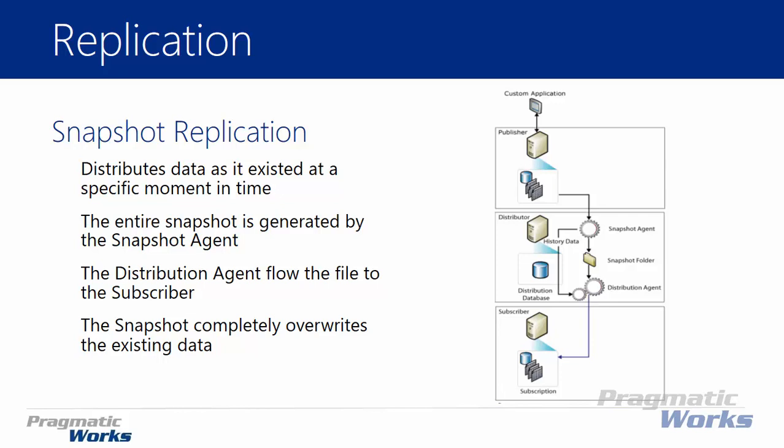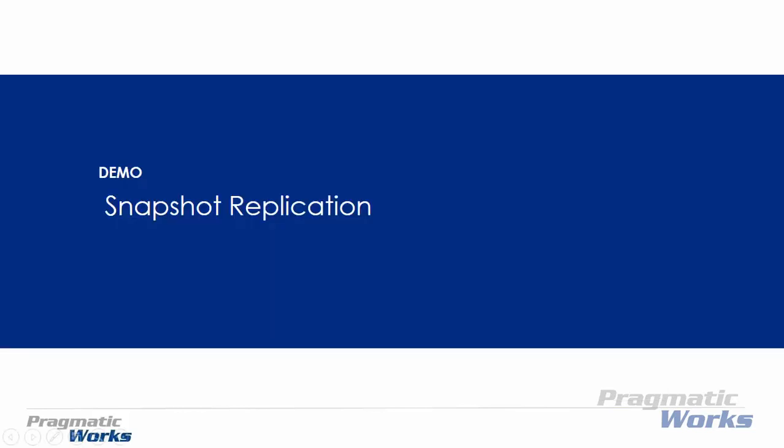If, for example, you're doing this from production to dev for your developers to test data on, and they're expecting a static set of data and their data points reference back to data that was restored a week ago, once you overwrite this, they've lost any testing that they've done, or they need to be notified that their data points may have changed. So let's get into a quick demo of setting up snapshot replication.